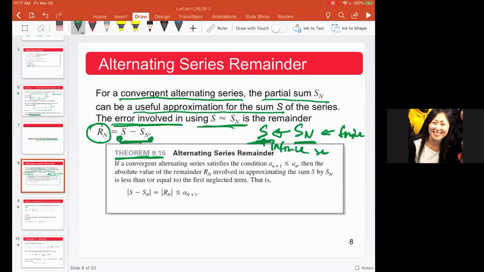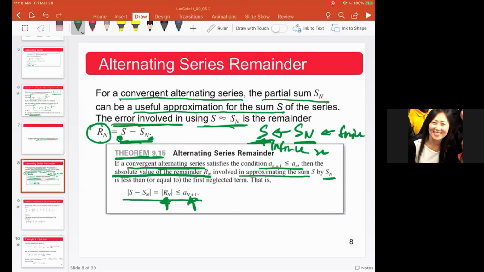The alternating series remainder theorem says: if a convergent alternating series satisfies the condition, which means A1 is bigger than A2, then the absolute value of the remainder R sub n involved in approximating the sum S by S sub n, in other words, the remainder, is less than or equal to A sub n plus 1.